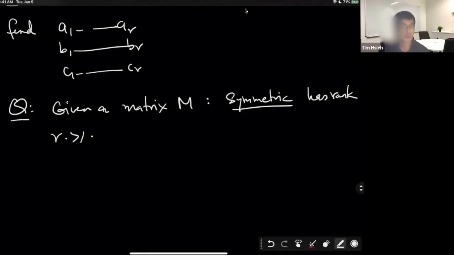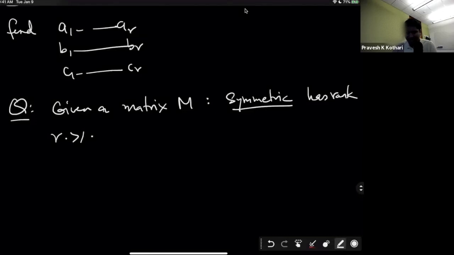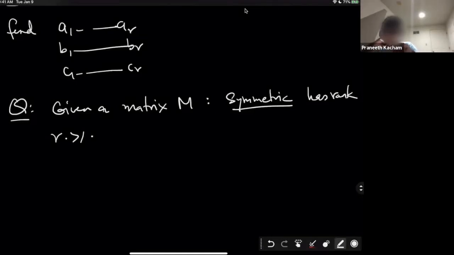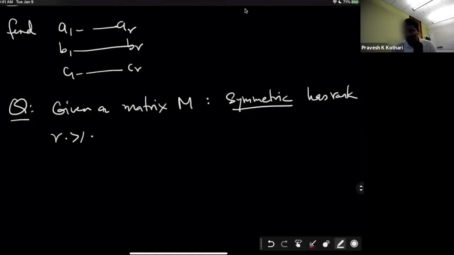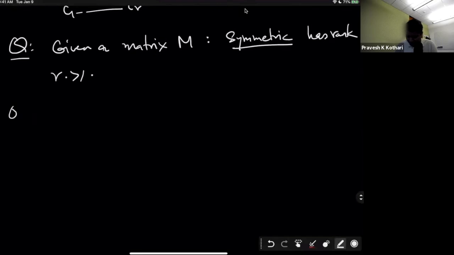Eigenvectors are orthogonal. Well, a symmetric matrix has orthogonal eigenvectors. So what do you mean? Distinct eigenvalues. Good. So Praneeth has identified my punchline already. And here's the observation Praneeth is making.